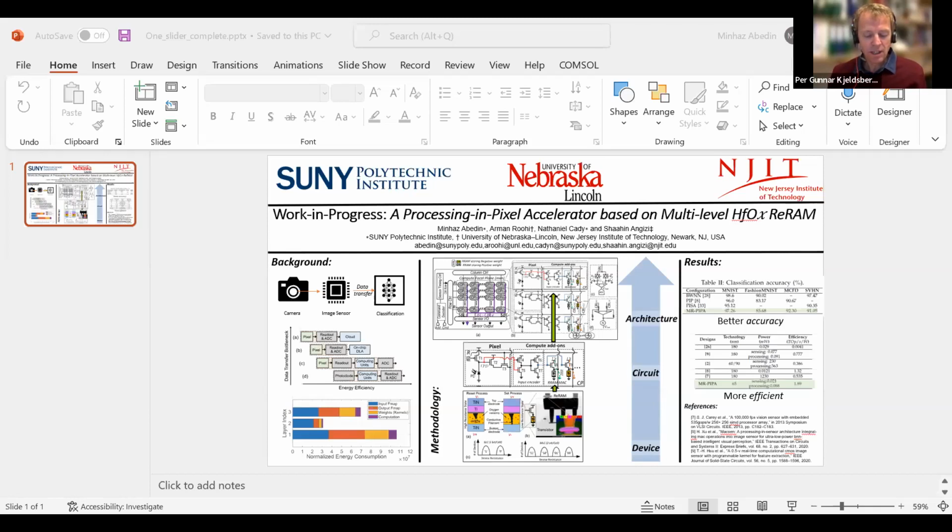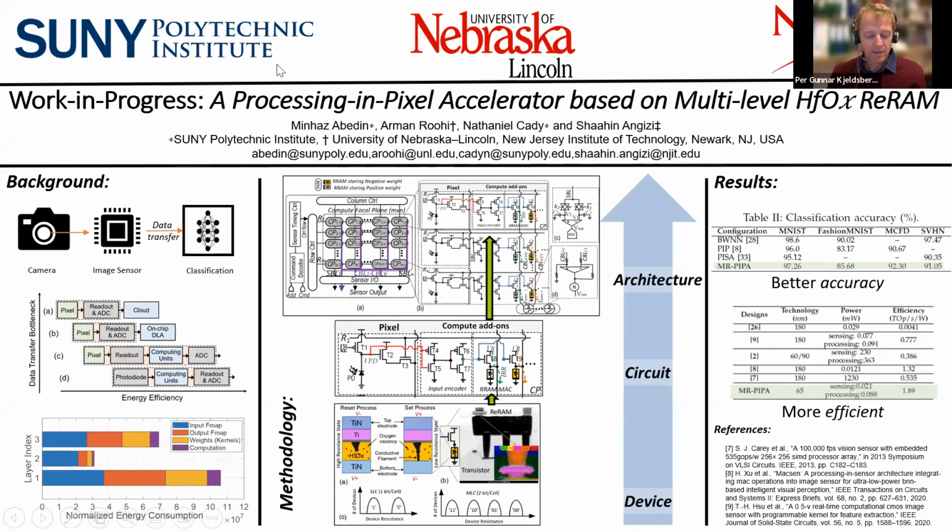His research focus is on non-volatile memory device resistive random access memory for AI training and inference. For this project, he collaborated actively with New Jersey Institute of Technology Assistant Professor Shaahin Angizi and Arman Roohi from the University of Nebraska-Lincoln. So please go ahead.